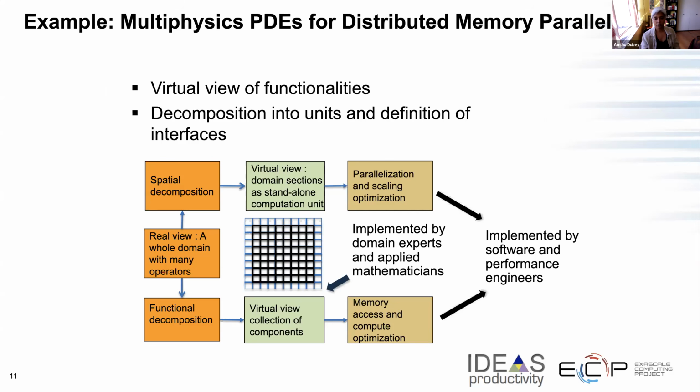And the separation of concerns, if implemented successfully, results in domain experts and applied mathematicians implementing the functions, and software and performance engineers working towards the optimization, without necessarily needing to know in detail the part that the other group of people is doing.